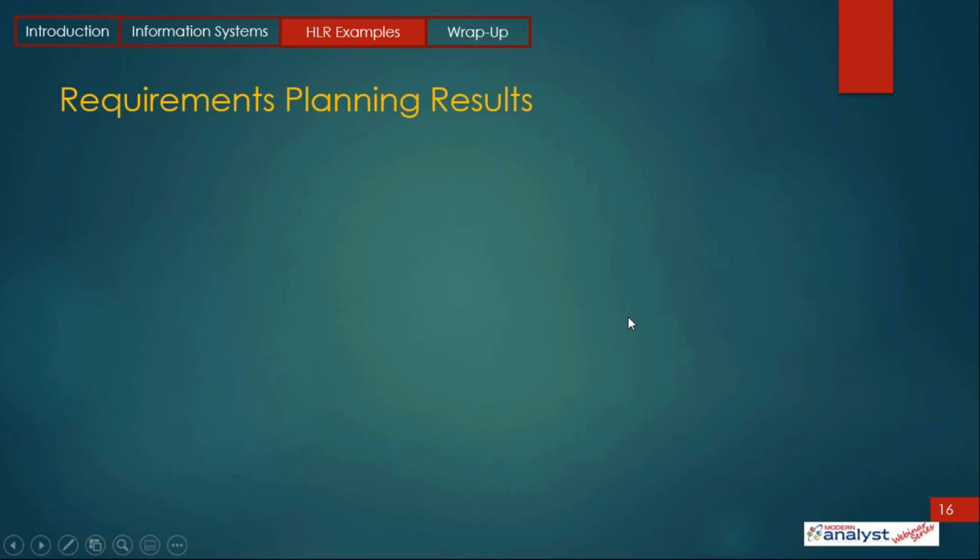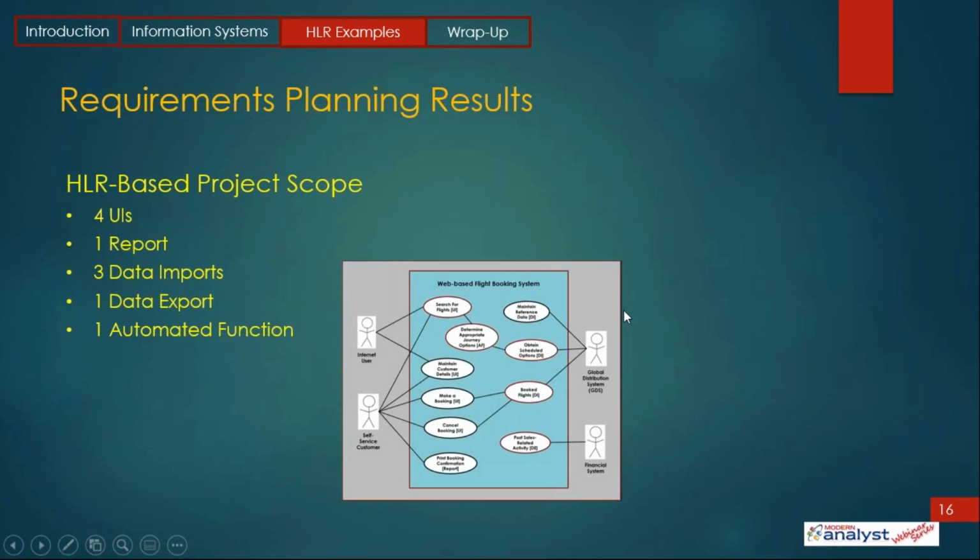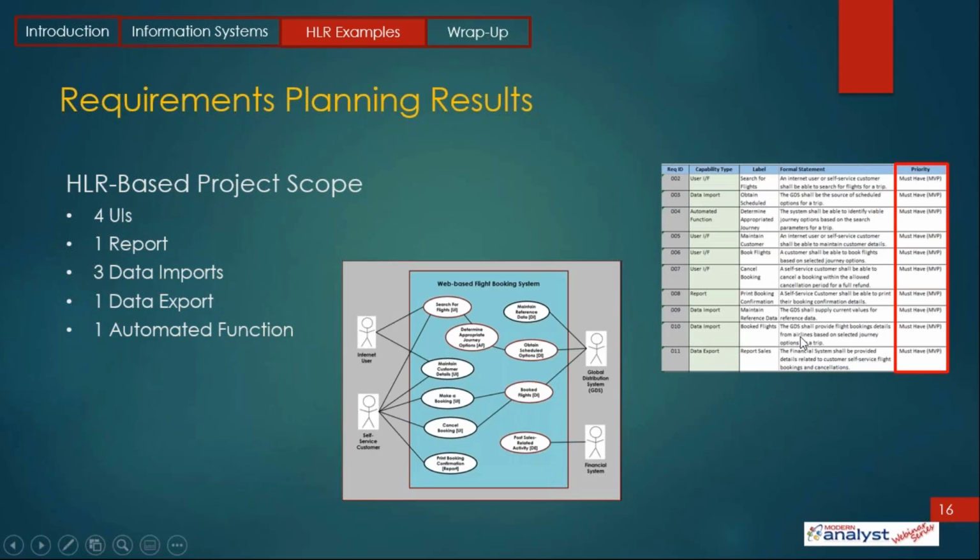Okay, so the results of spending some time with those 3 subject matter experts, we ended up with now 10 actual requirements, 4 user interfaces, these bubbles here, one report, 3 data imports, 1 data export, 1 automated function. And we have that spreadsheet now, or however, wherever you stored those. This is actually the refined scope for the project. This is how we manage the project going forward. All 10 of these activities are in scope.